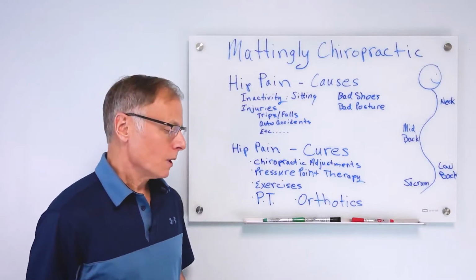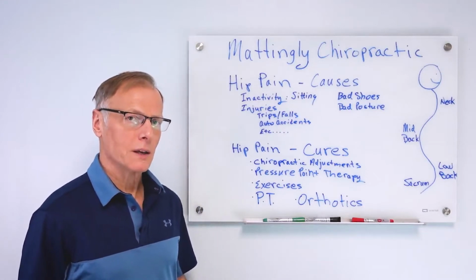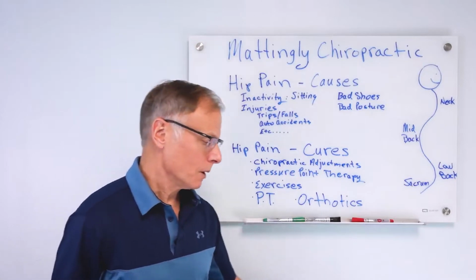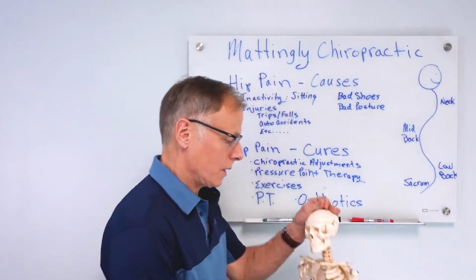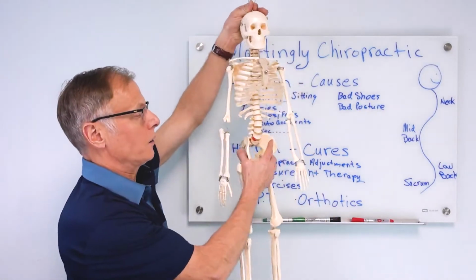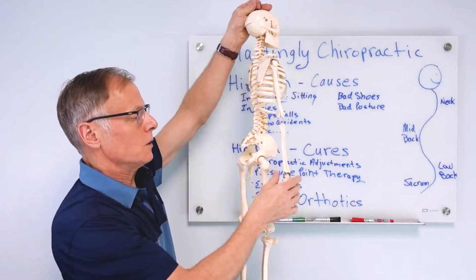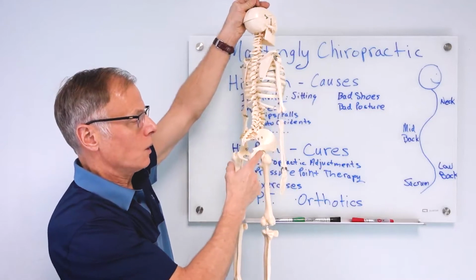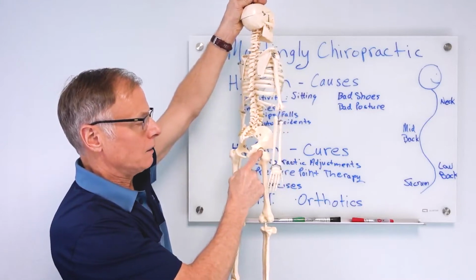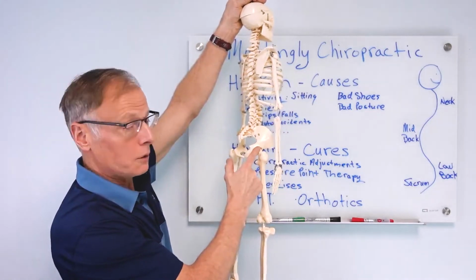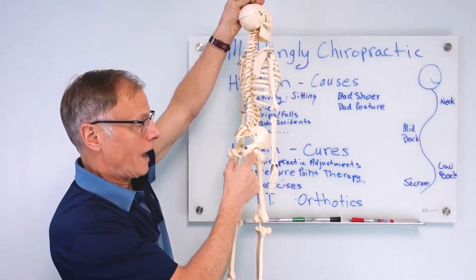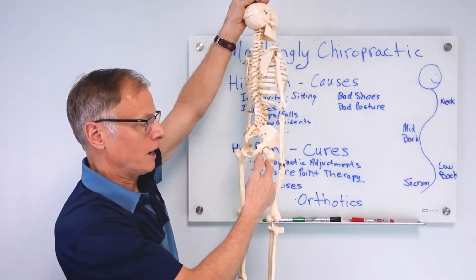All right, first, let's go over what really makes up the hip. In this little model here, this is bony. You have what is called the hip joint itself, where the ball and socket fits into this little cup and creates the hip joint.